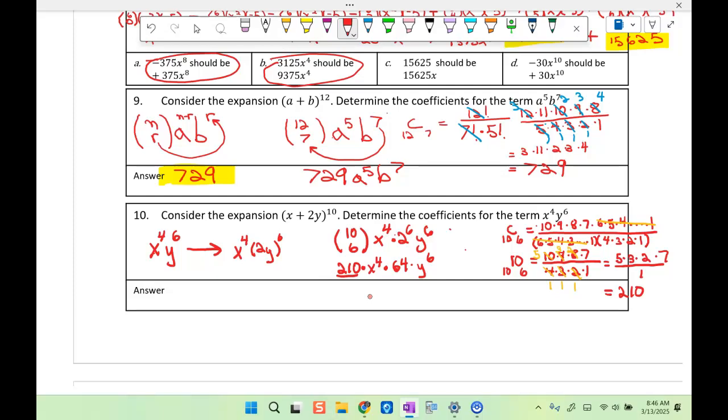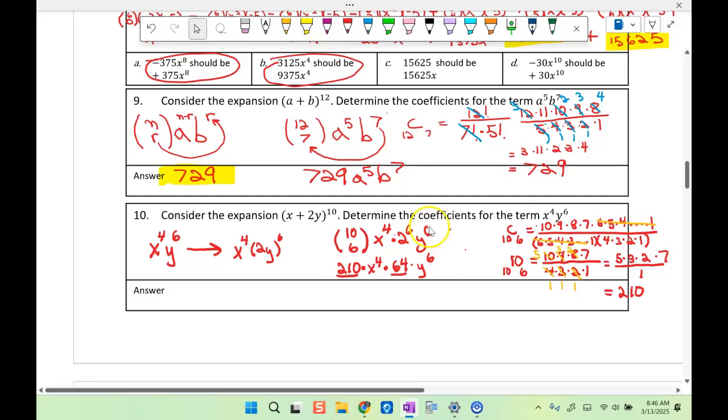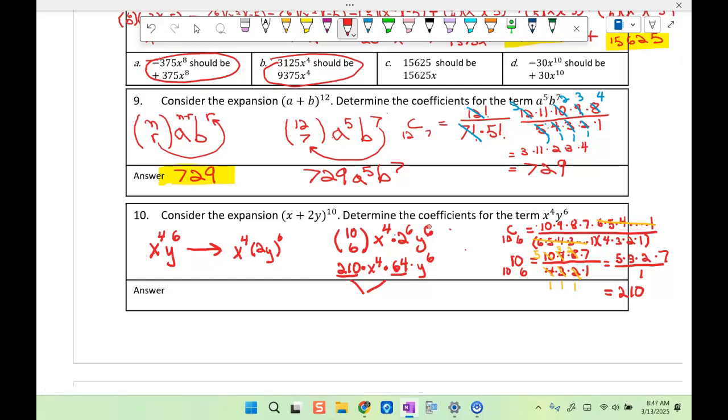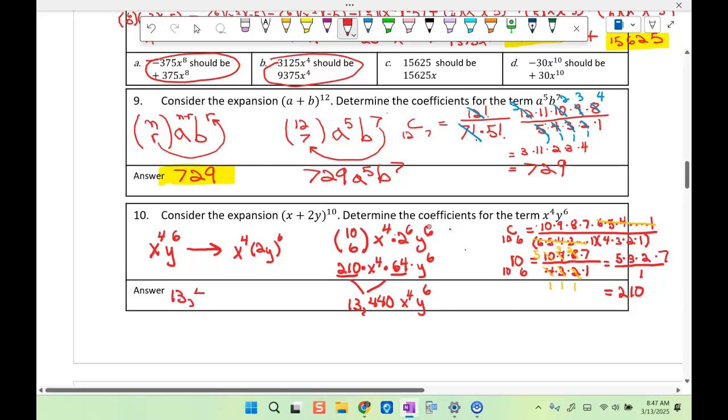And now I'm going to multiply these two. 13,440 x to the fourth, y to the sixth. That's my coefficient.